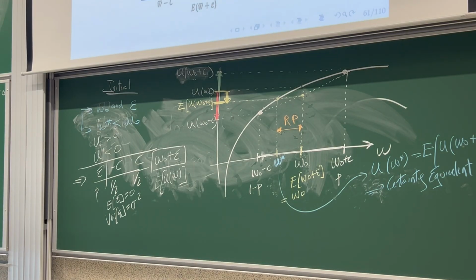You are willing to pay to avoid that risk. This is the formal justification of the insurance market. There is a market for insurance because people are risk averse. If people were not risk averse, no one would ever pay to avoid that risk. If people were risk neutral, we'd be perfectly okay. But because we are risk averse, we avoid those risks.